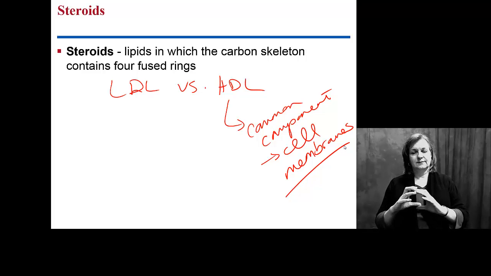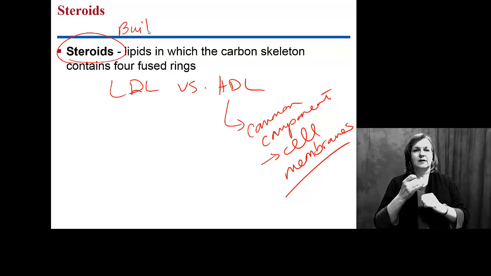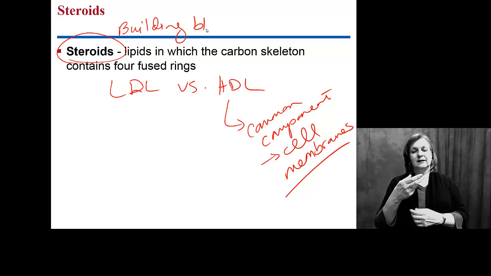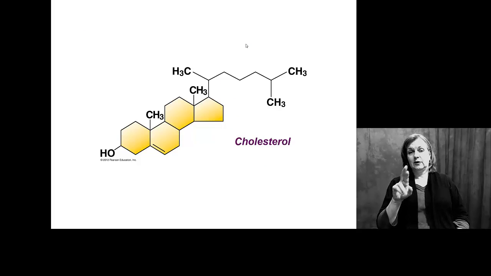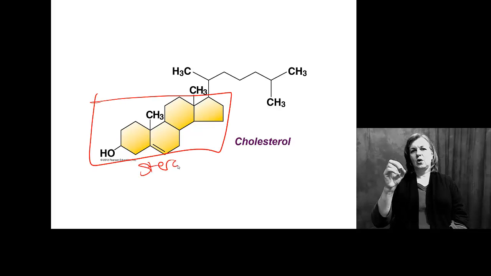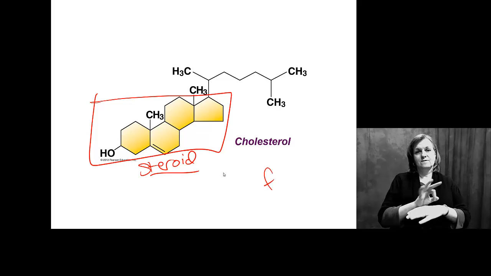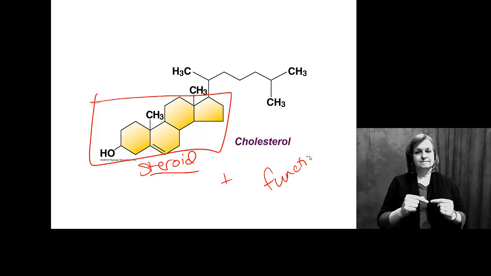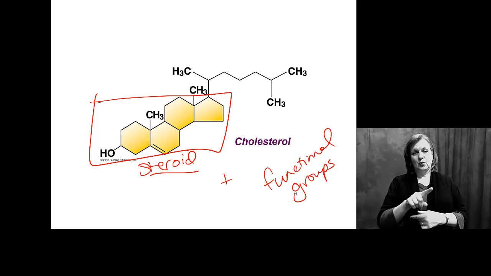And when we look at steroids, this is essentially the building block for many hormones and vitamins inside you. So this is basic cholesterol. This is the steroid. So all we do is add functional groups to change what that steroid is going to do.